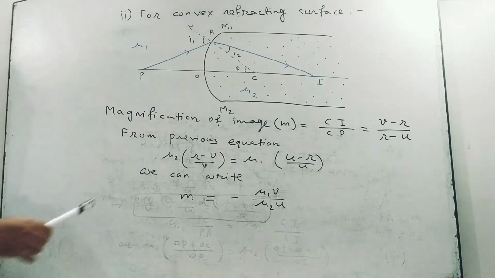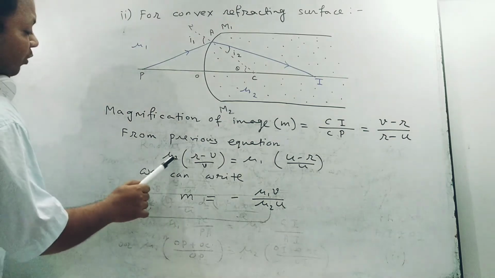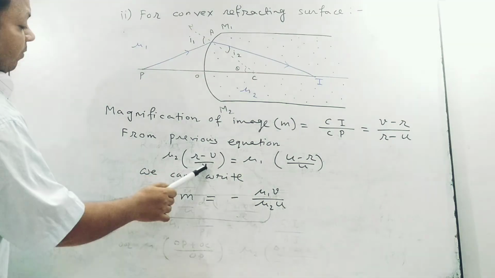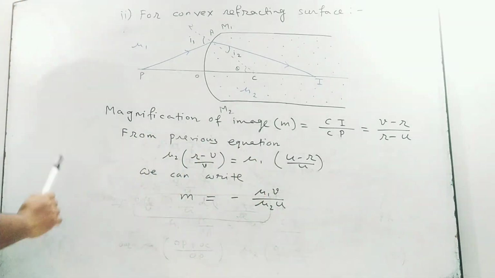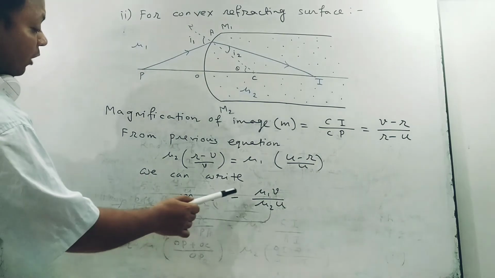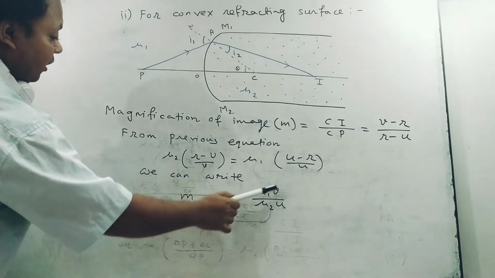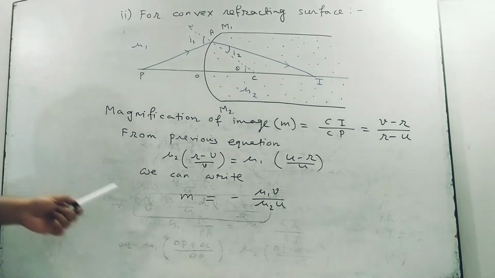From the previous equation we know that mu2 into (R minus v) by v is equal to mu1 (u minus R) by u. This gives m is equal to minus mu1 v by mu2 u. This is the magnification of the image.